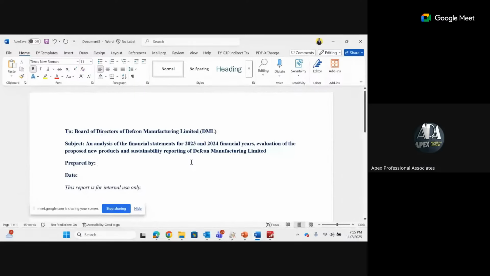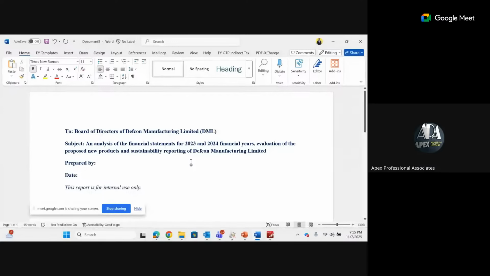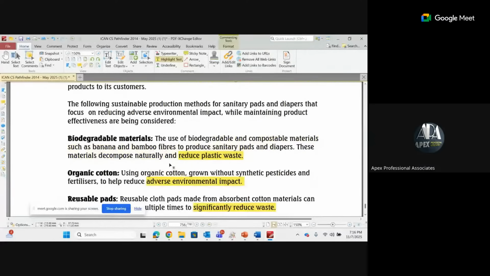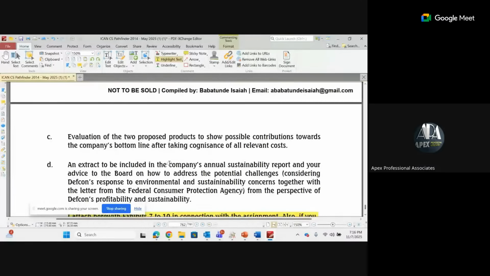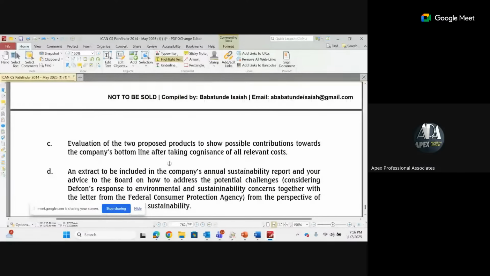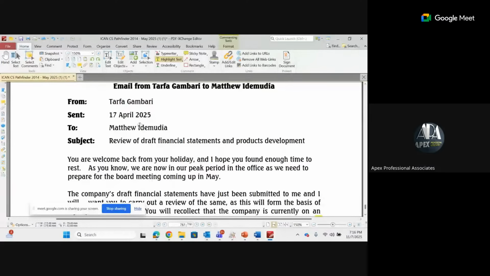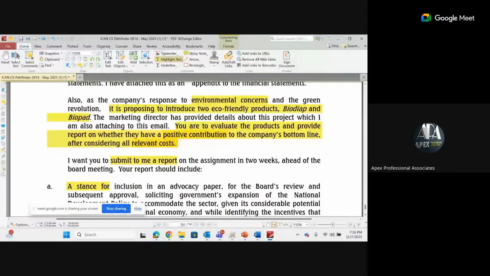This is simple. Prepared by, you can say, finance and accounts departments. And dates. Let's go and look for one date to use. The date that your boss sent this email to you is the 17th of April 2025. So let's look whether it gives you a timeline.